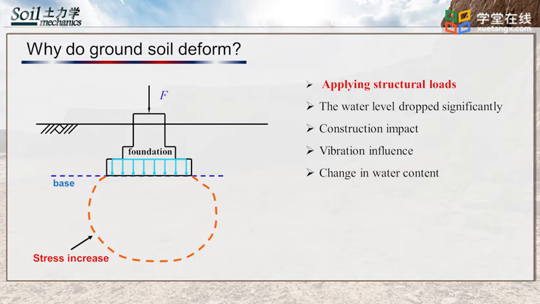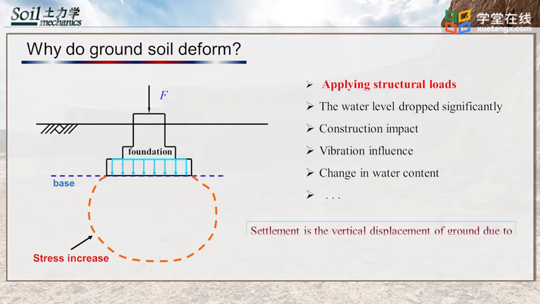Change in water content of some special soils may also cause deformation of ground. For instance, in loess ground, an increase in water content will result in additional subsidence of the structure, which is also called collapse settlement.